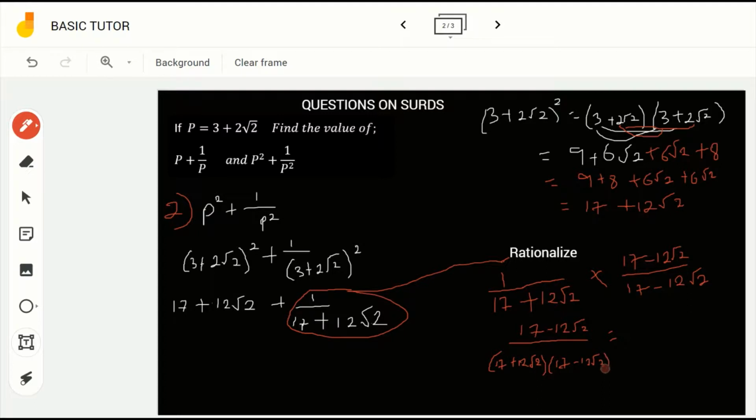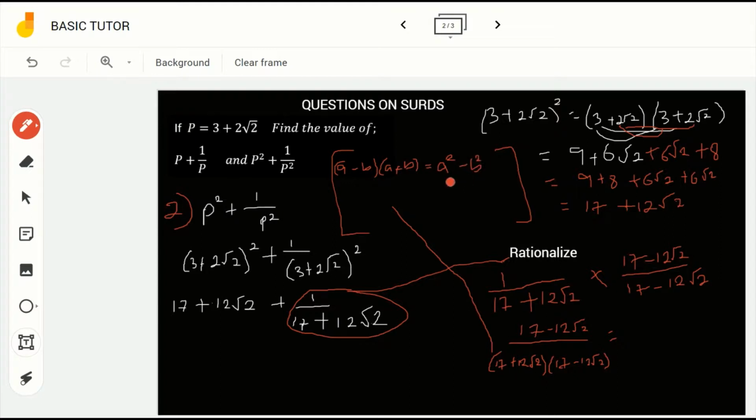We can solve this using difference of two squares. If you remember, if I have a question like A minus B times A plus B, this is called difference of two squares. It becomes A squared minus B squared.